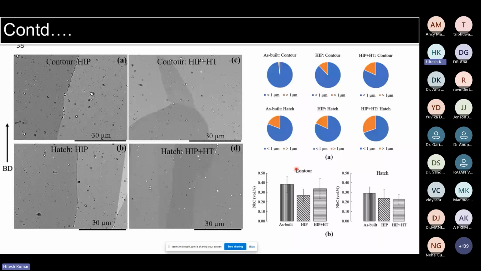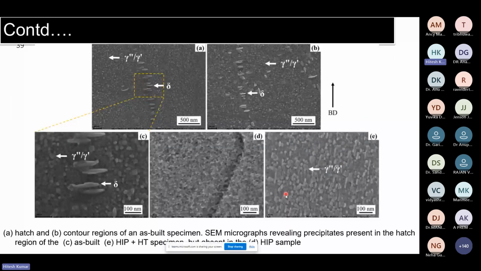In another related paper, we tried to lower the heat treatment temperature, and there we also see a lesser fraction of niobium carbides. This is again the formation of gamma prime and gamma double prime micro precipitates inside the material, and some different precipitate structure inside the material.